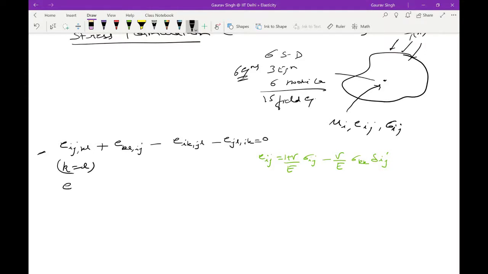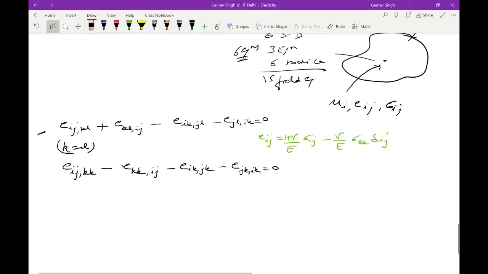This will reduce this to a form, and that should be Emm,ij ... equal to zero.